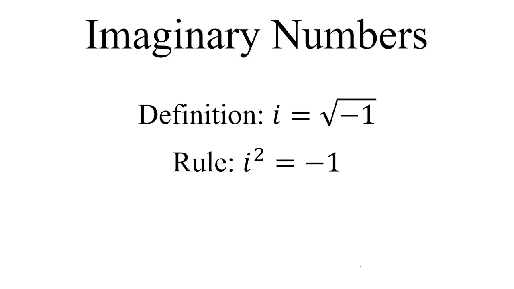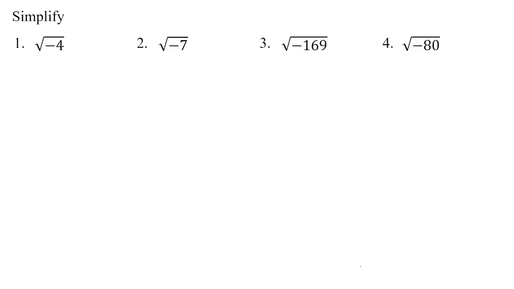Now I'm going to show you some examples of how to use the definition of imaginary numbers to simplify the square root of negative numbers. Let's say you are to simplify the square root of -4. As we know, -1 times 4 is -4, so the square root of -1 times the square root of 4.